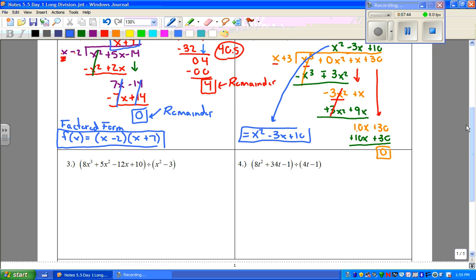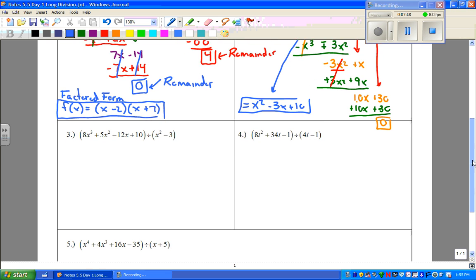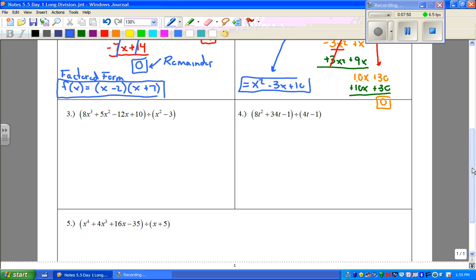Alright, number 3, we're dividing by an x squared here. So let's go ahead and set it up. I'm going to use a different color. We've got x squared minus 3. However, we have no x term, so I'm going to add an x term in there by putting 0x minus 3.